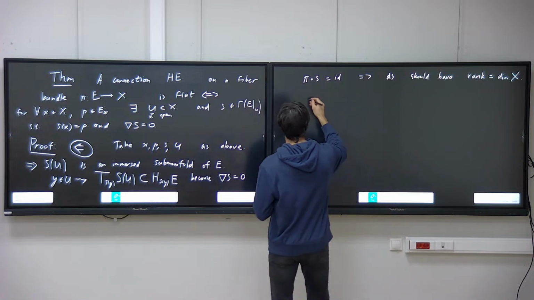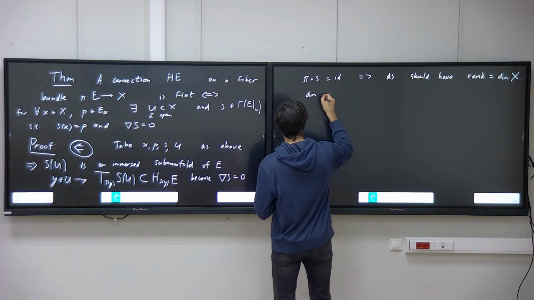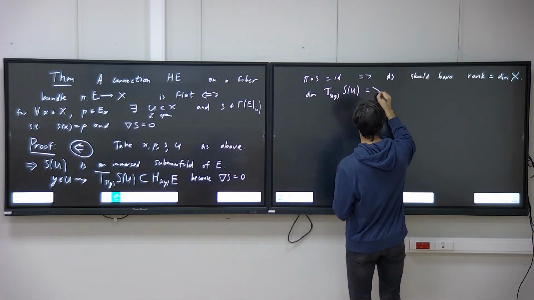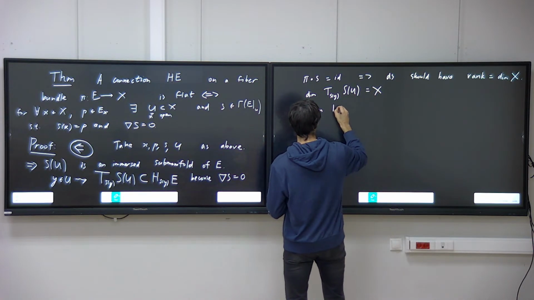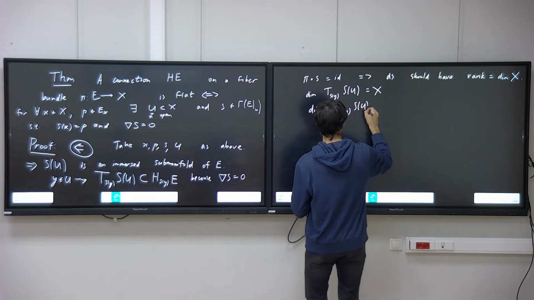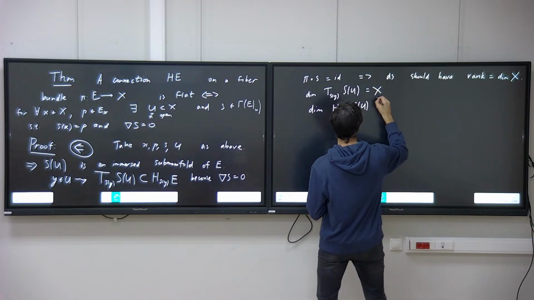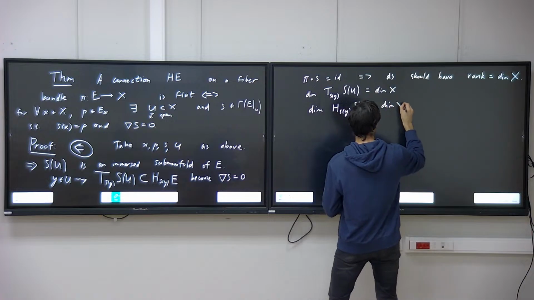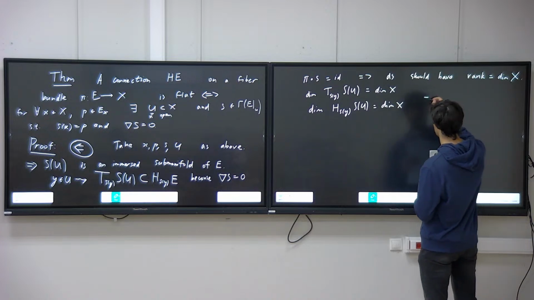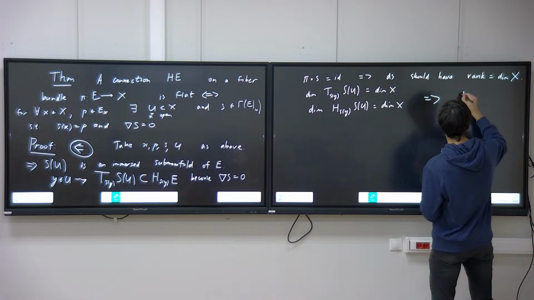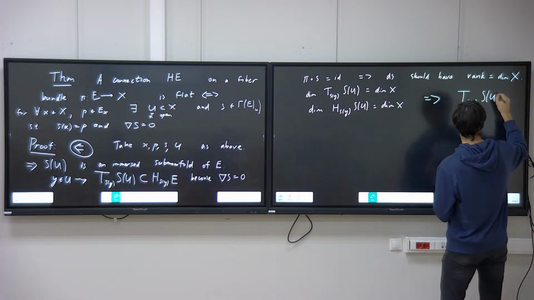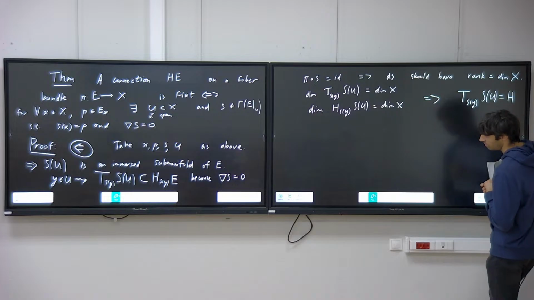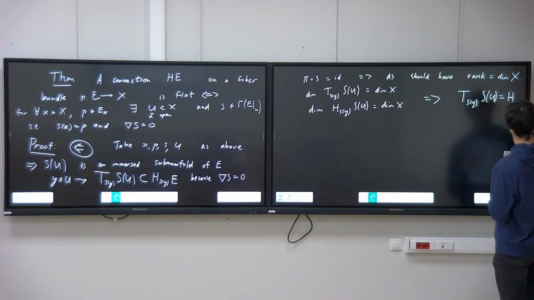So the dimension of T_{S(y)} S(U) is dim X, and the dimension of H_{S(y)} E is also dim X. So this means that T_{S(y)} S(U) equals the fiber of the horizontal bundle at S(y).